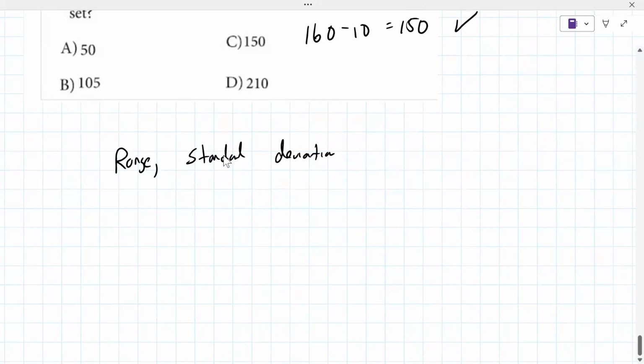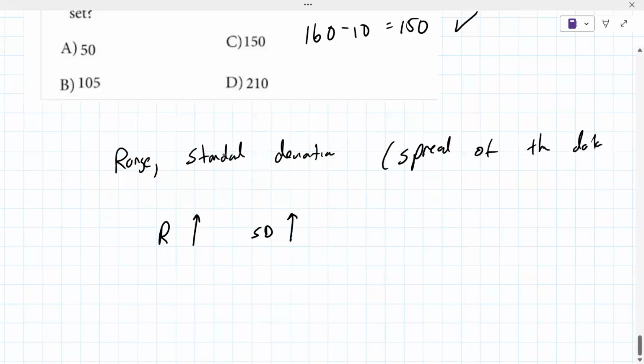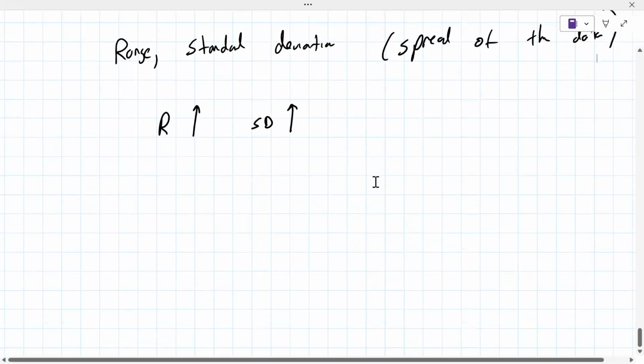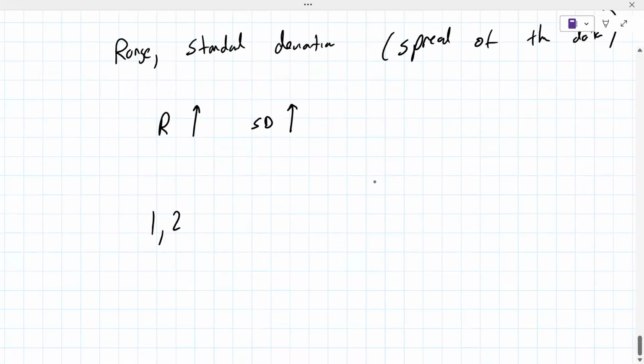Now, these are very much related. Typically, if it has a bigger range, that means it has a bigger standard deviation. Both of these refer to the spread of the data. Basically, which is more spread out.